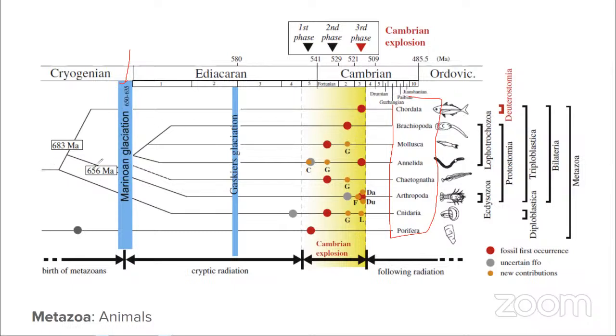Okay. So what we were looking at here was a common ancestor to our metazoans. Metazoans is a fancy science word for animals, right? We then see progressive branching as we go from the Cryogenian into the Ediacaran and then finally into the Cambrian.